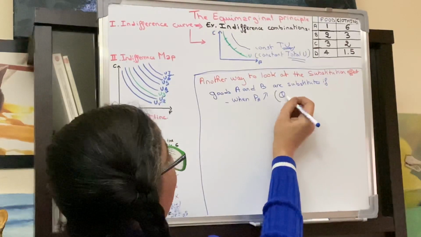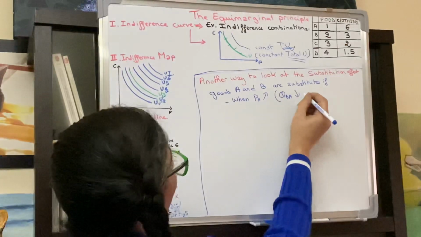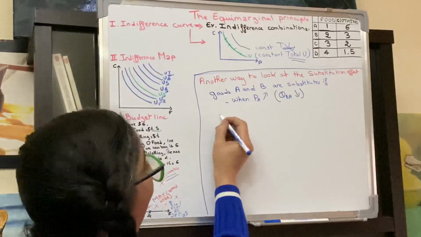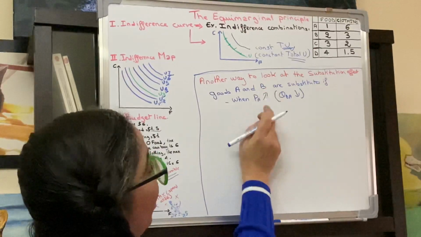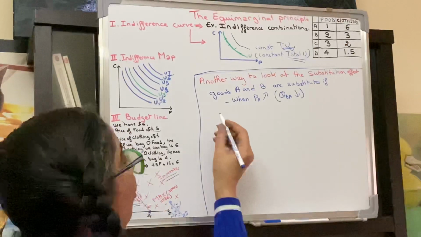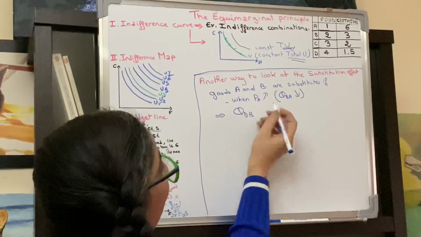The quantity demanded of A would automatically decrease. They are substitutes when, because the price of this one increased, you decrease its quantity, you buy the substitute good, and the quantity demanded of B increases.